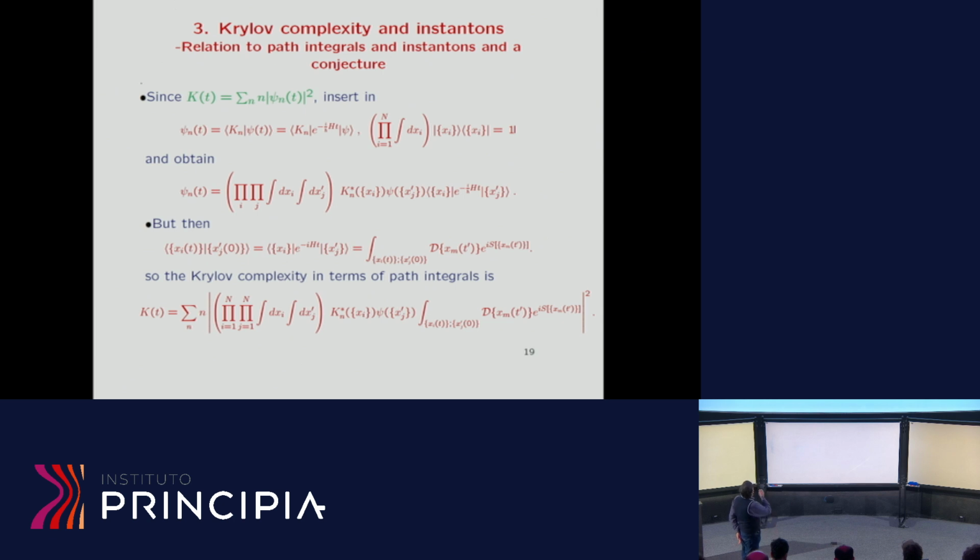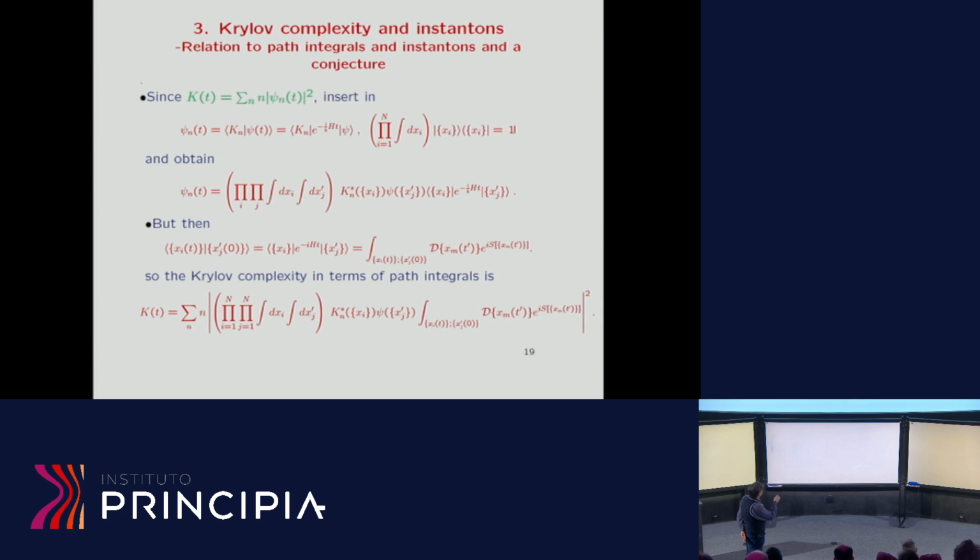So in the Krylov complexity, we have this psi n of t, which is the projection of psi of t onto the Krylov basis. But we can introduce an identity in terms of coordinates x and do the usual steps and obtain this formula.